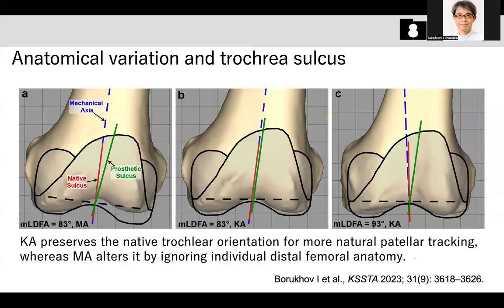So that groove is highly affected by the variation of the distal femur.